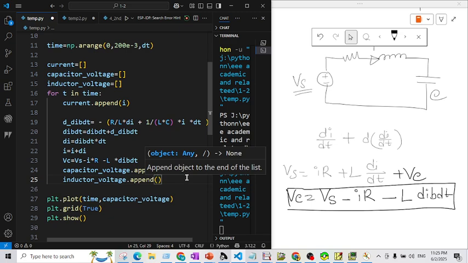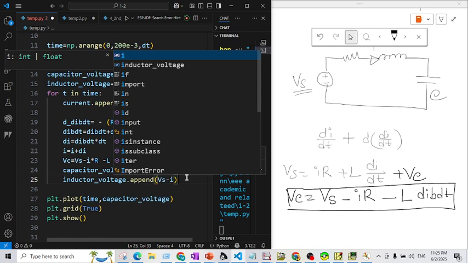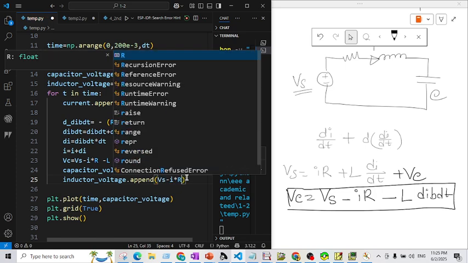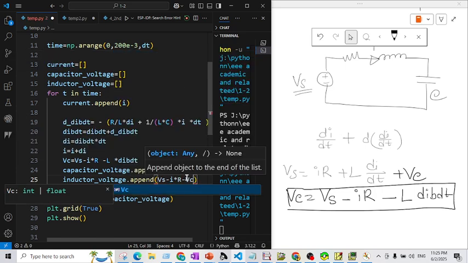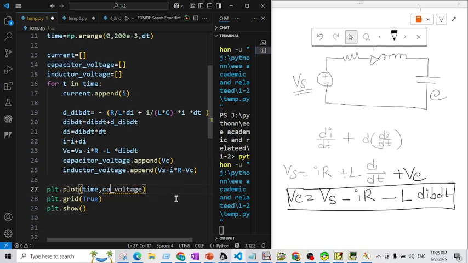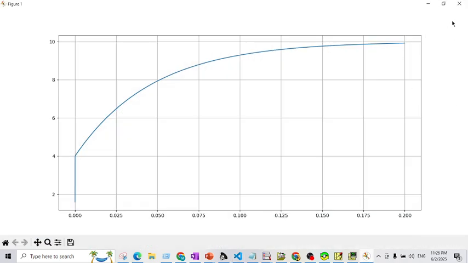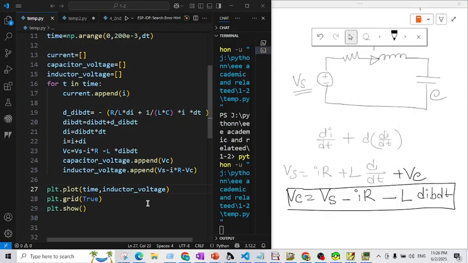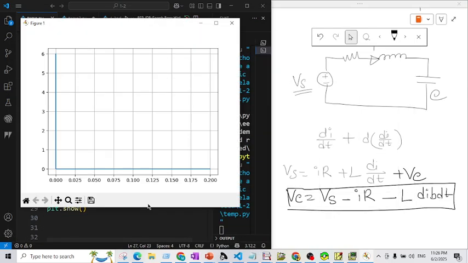So what is the inductor voltage? Vs minus I into R minus the capacitor voltage. Okay, let's see. Let's plot the inductor voltage. It will become zero at some time later.